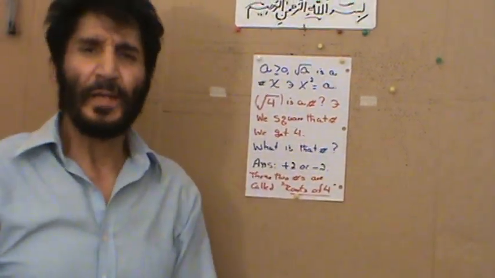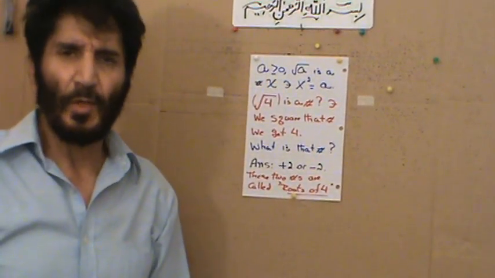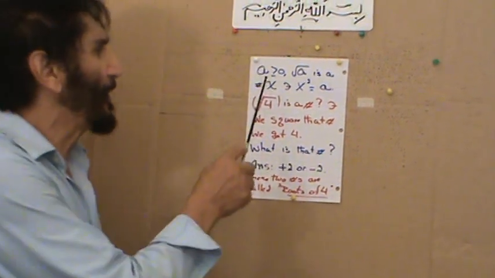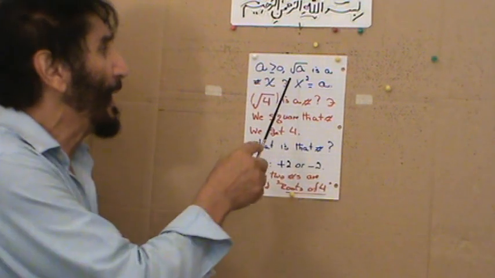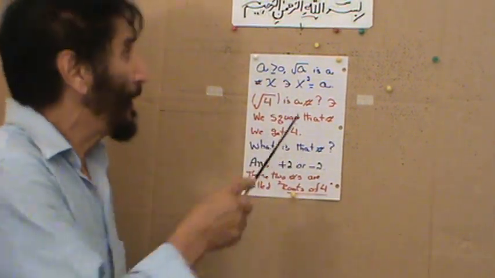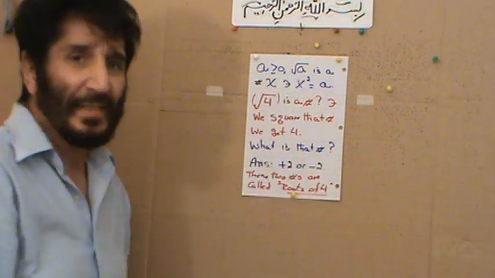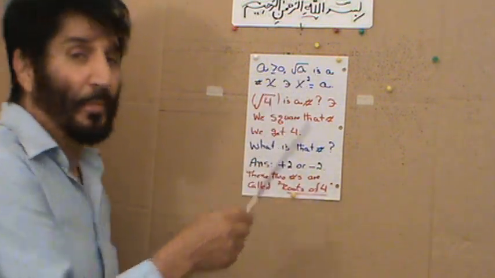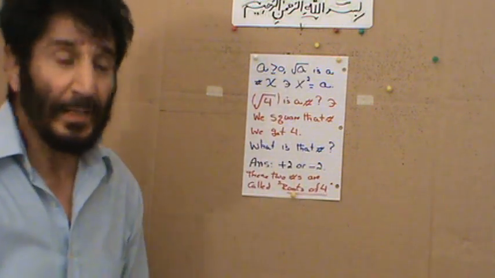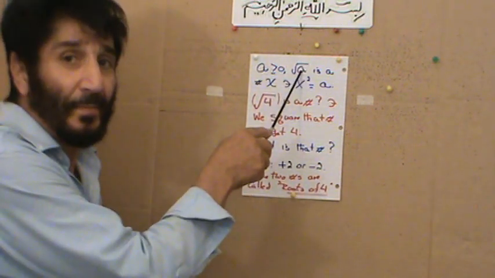If a number is non-negative, zero being a trivial case most of the time, let's say a is a positive number. Then what is the square root of a? This notation says it is a number that, if we square it, we gives a.